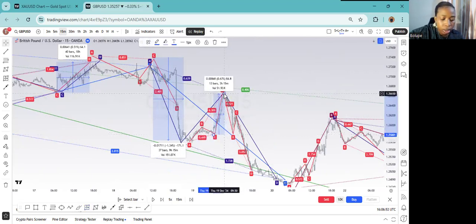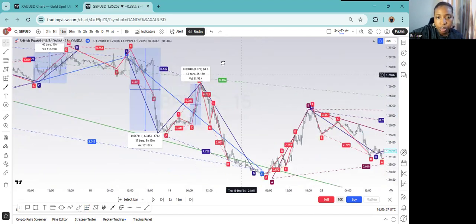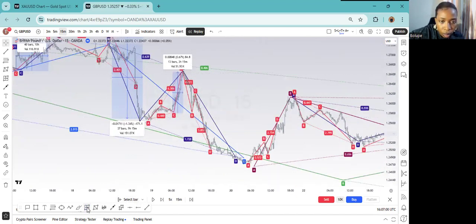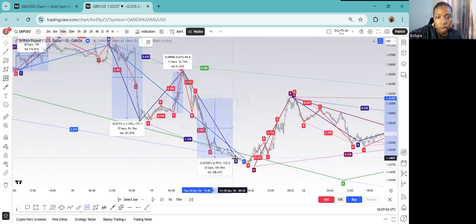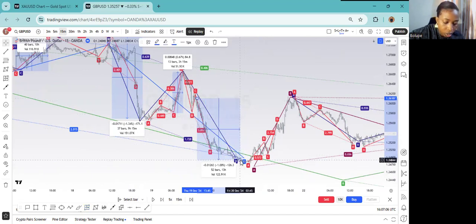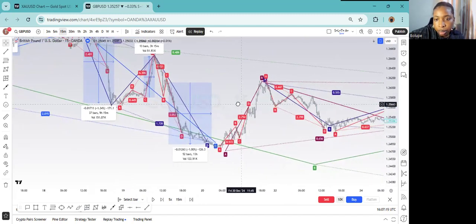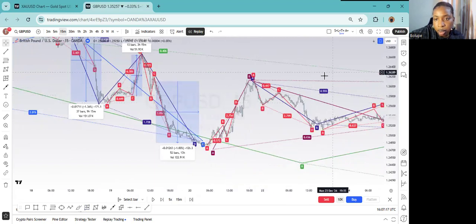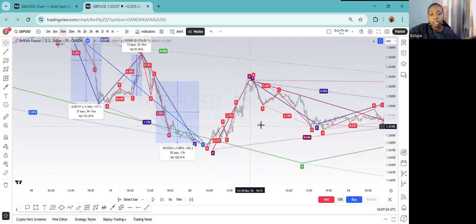We're not even calculating the whole move, just the potential C to D, right? The continuation. And this whole one even ended here. So let's do 125 plus, have we gotten to the B? We've gotten to B. Let's just leave it at that.